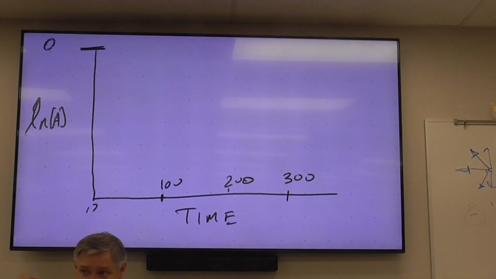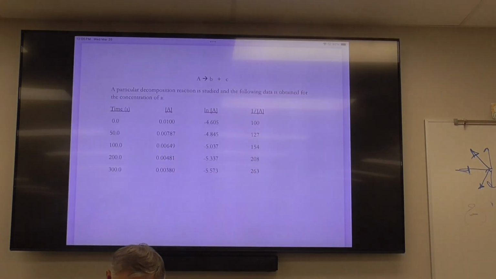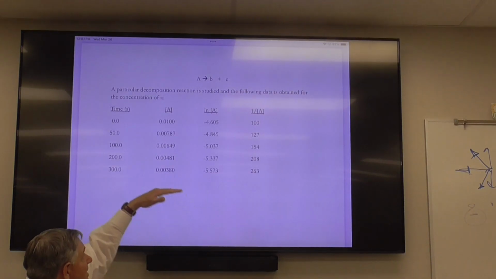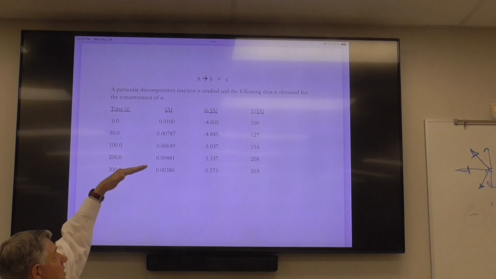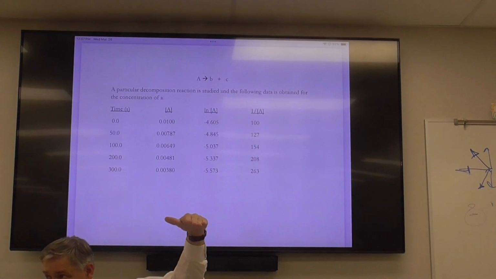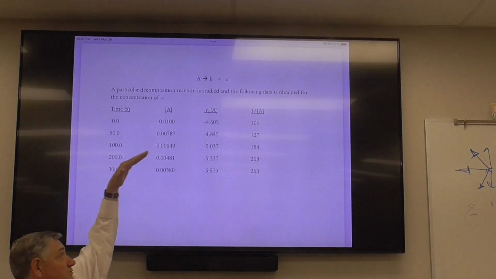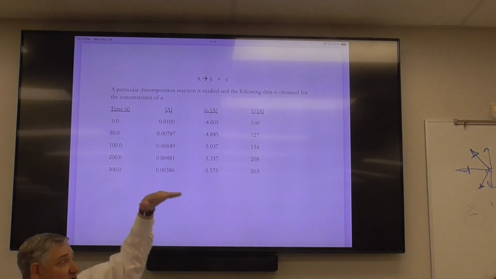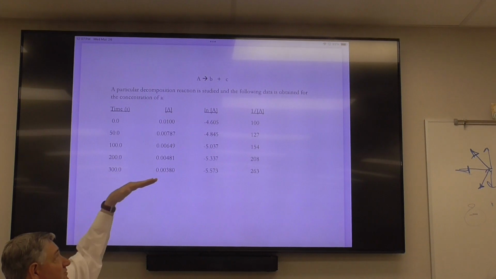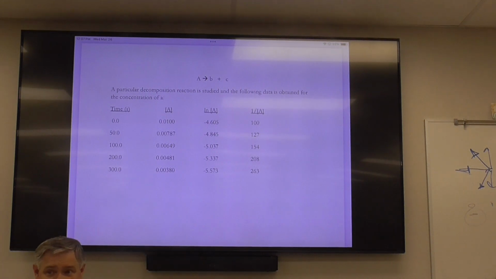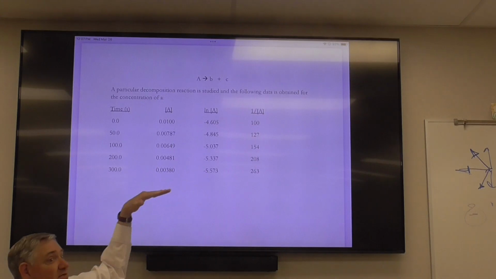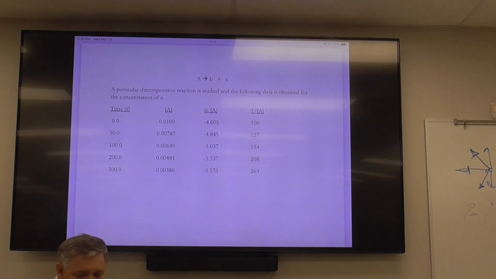So if you look at that data set, you're starting up there at negative 4.6 all the way down to negative 5.5. So that's how you want to set this up. That's the advantage of starting at 0. So you're going to have 0, like -2, -4, -6 on this graph. So imagine you're starting at 0 and then you've got to graph negative values.